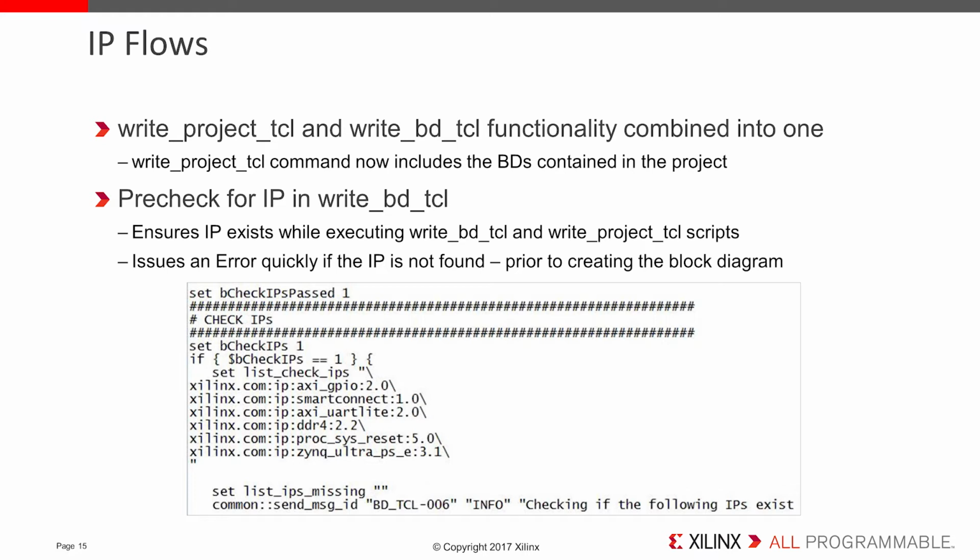Vivado also makes sure that all necessary repositories required to recreate the design are now included and referenced in the generated write BD Tcl script. This pre-check lets users know if any reference IP needs a repository and issues an error if any of the IPs are not found.